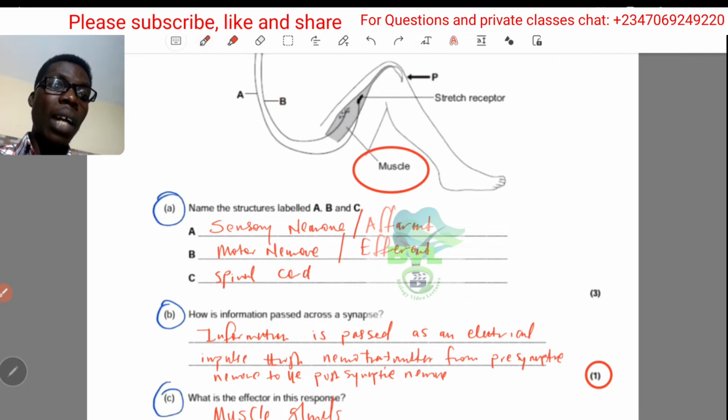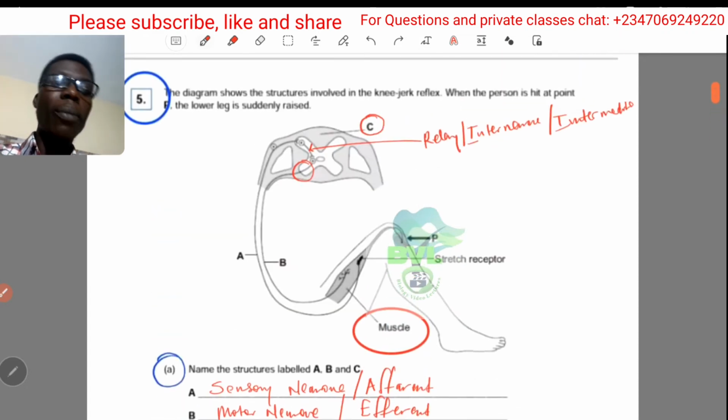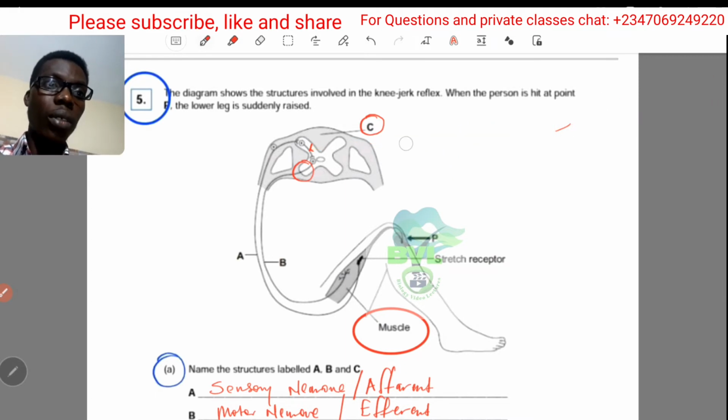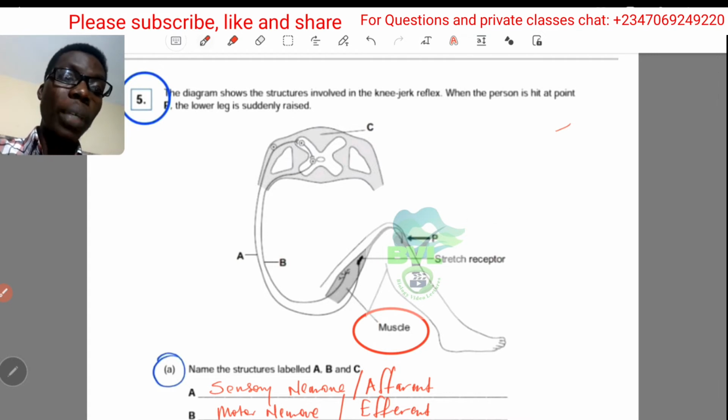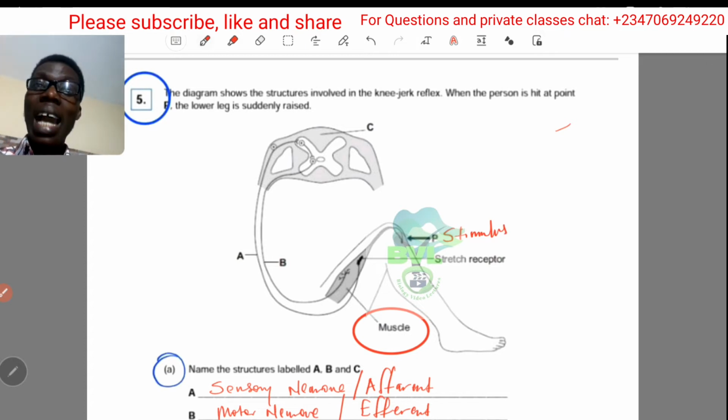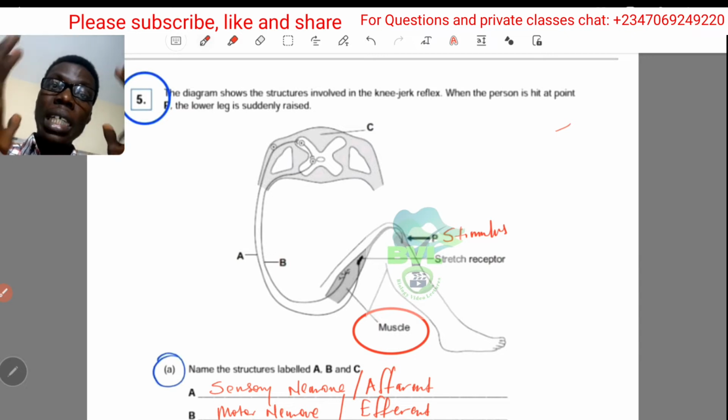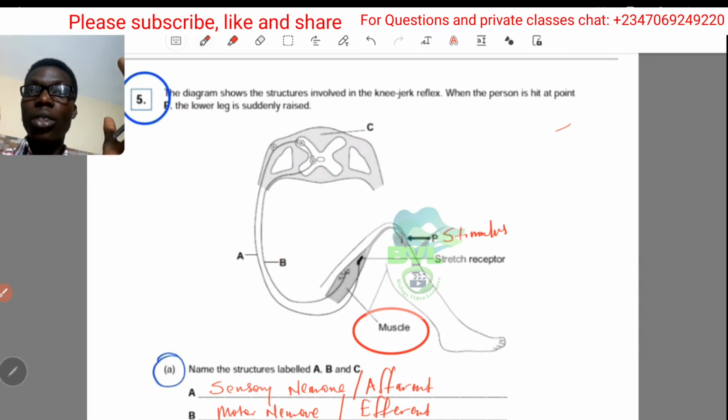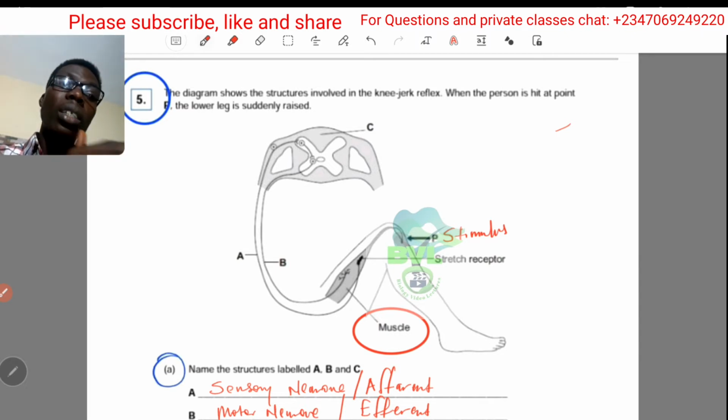All right. Now, I think I should explain a few things here. Looking at this diagram, the P is the stimulus, because this is a reflex arc. Reflex arc means the collection of structures needed to bring about a reflex action. So the stimulus is the P, the force introduced.